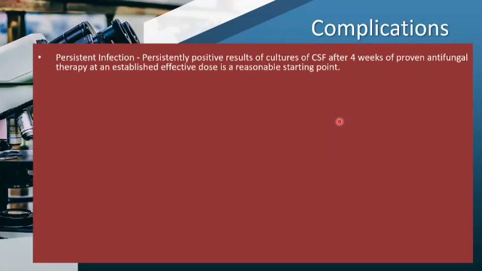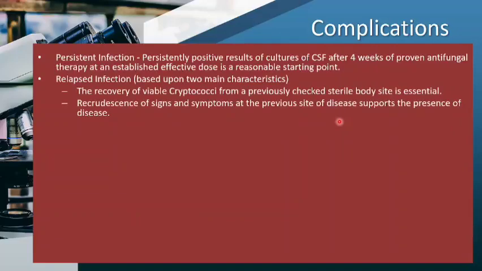The first complication is persistent infection. Let's say the patient tested positive, and after 4 weeks in treatment, the patient is not getting better, or the results are still positive. That would be a persistent infection. A relapsed infection is based upon two main characteristics.